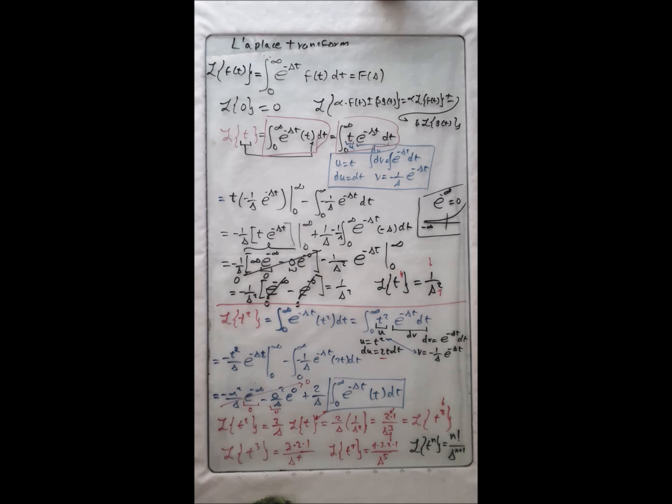Okay, so that is the formula to get the Laplace transform of any t to the power of n. And just keep in mind here that this n should be an integer: 2, 3, 5, 4, and so on. Alright? Now, next video we are going to cover more functions.